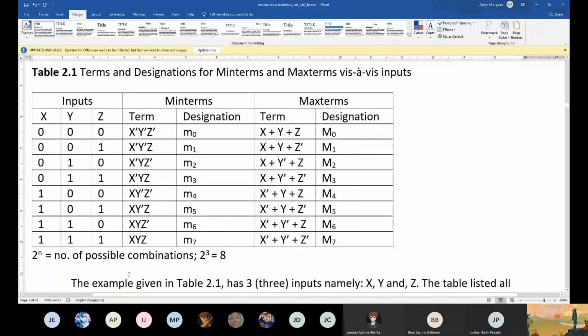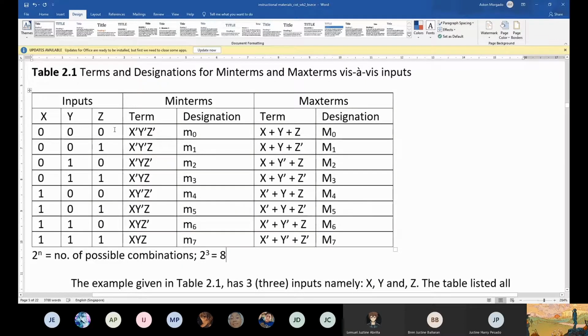So we should have 8 possible combinations. So we have 1, 2, 3, 4, 5, 6, 7, 8. If you have 3 inputs, you shall have 8 possible combinations, starting from 000, 001, 010, 011, 100, 101, 110, 111.